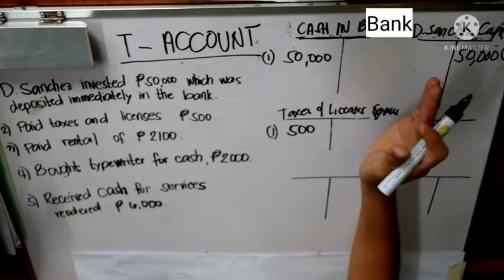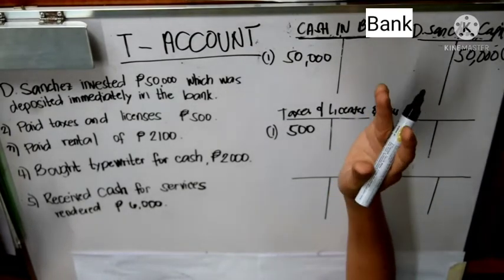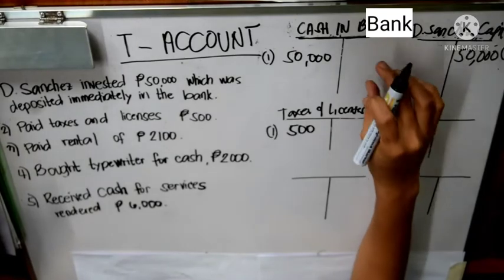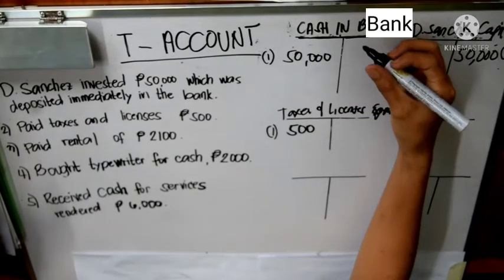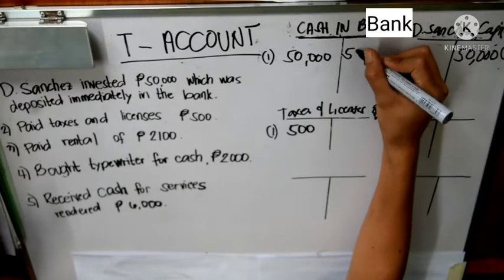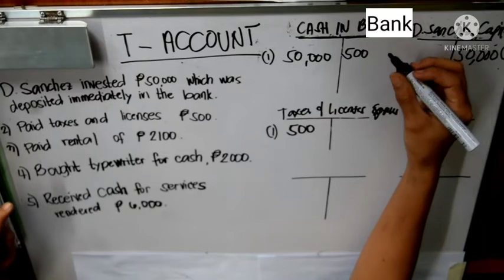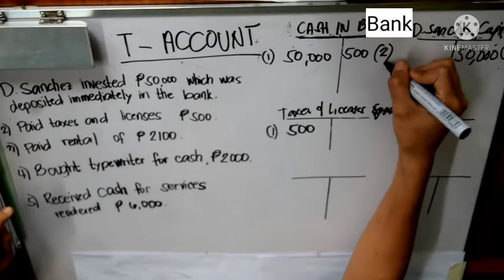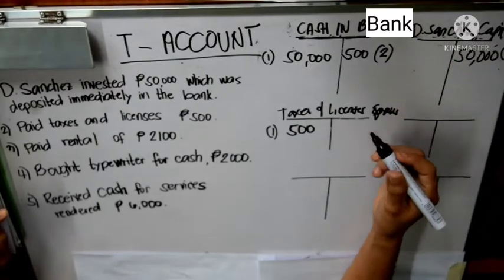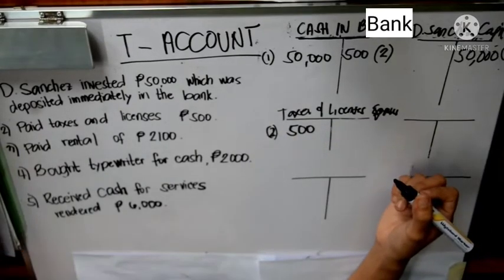So, naglabas tayo ng pera, which is 500 pesos. Ibig sabihin, we credit cash. And again, credit is on the right-hand side of the T account. So, 500 pesos, and then we will put number 2 on the side. This is from the number 2 transaction.